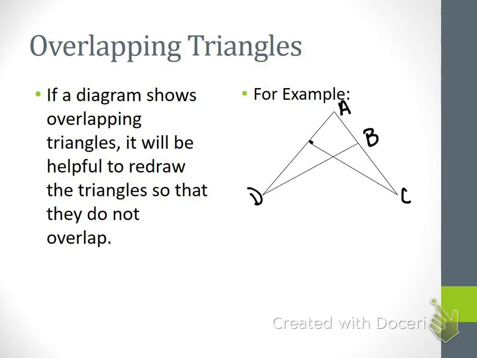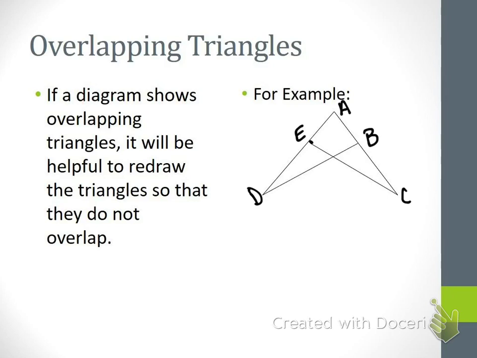I'm just going to label the points we'll have to use: A, B, C, D, and E. So here we've got triangles that overlap each other, so our goal is to try to draw them separated or pulled apart from each other.